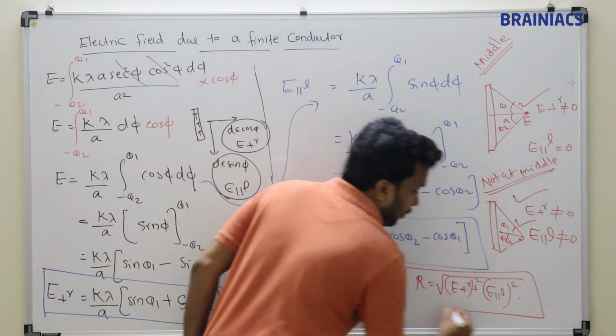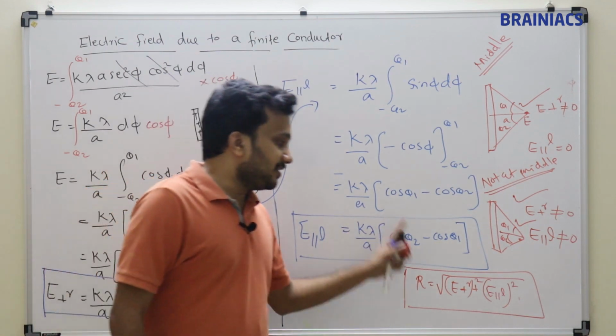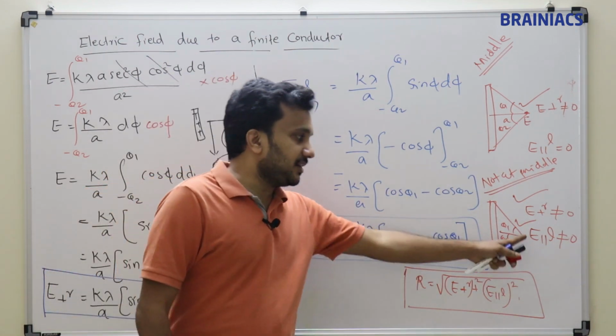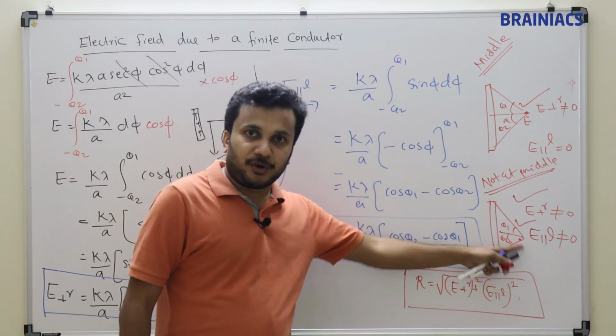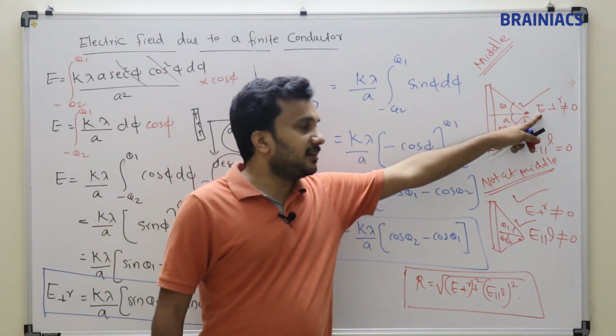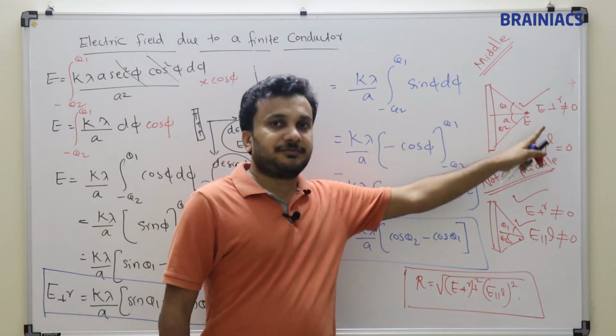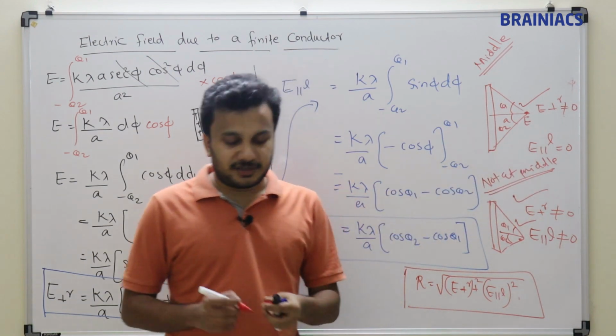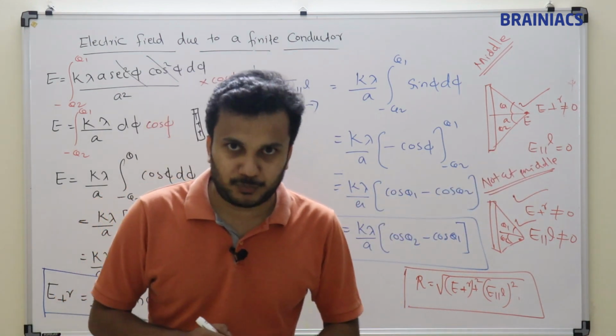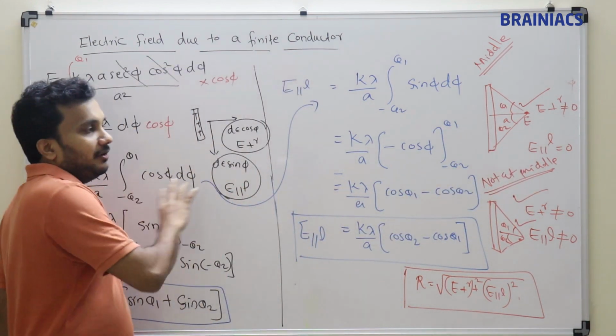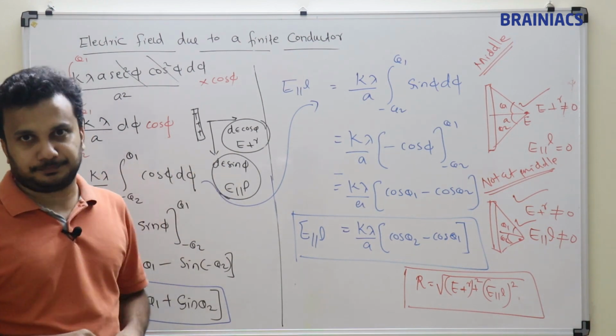So only these components remain; this is the total resultant electric field if the question is asking for any arbitrary point. If the question is asking exactly at the middle point, then only the perpendicular electric field exists, and the parallel electric field is 0. Hope you understood and you have written all the notes so far.